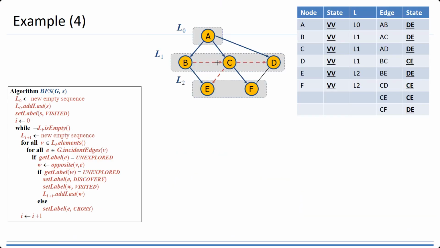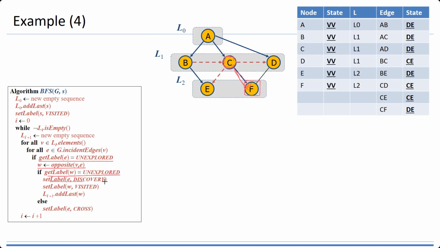And the last one, we want to check the C to F. And then we want to see if the edge CF is unexplored. Yes, it is unexplored. The opposite of C is F. Now let's check the label of F. Yes, F is unexplored at the original.